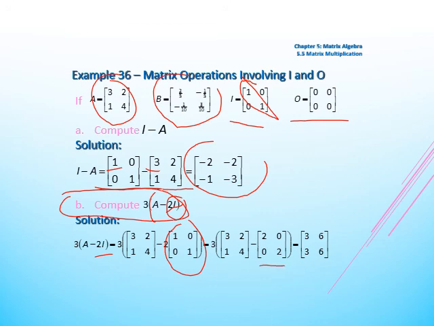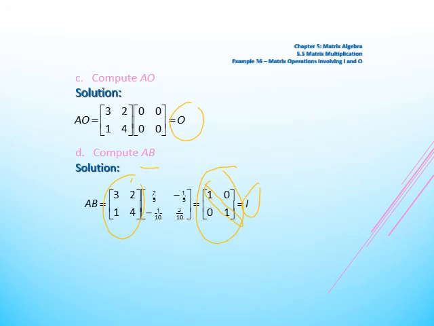And then subtract it from A, which is A minus this value. And the final result of this matrix is all multiplied by 3, which is scalar multiplication.